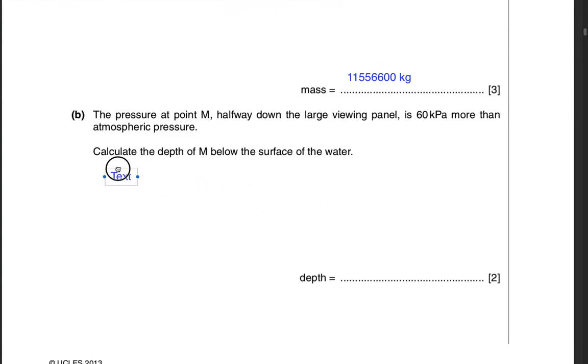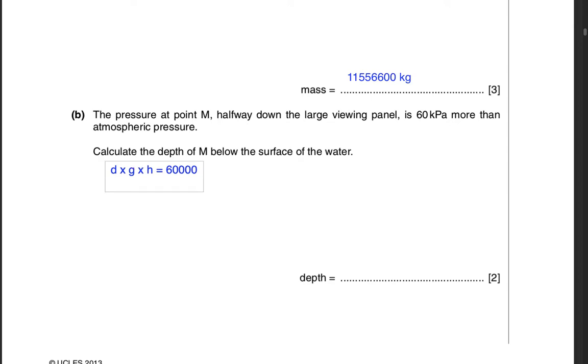So okay, let me just put in, I'm sorry, rho g h, or let me just call it density, multiplied by g multiplied by h, is equal to 60,000.